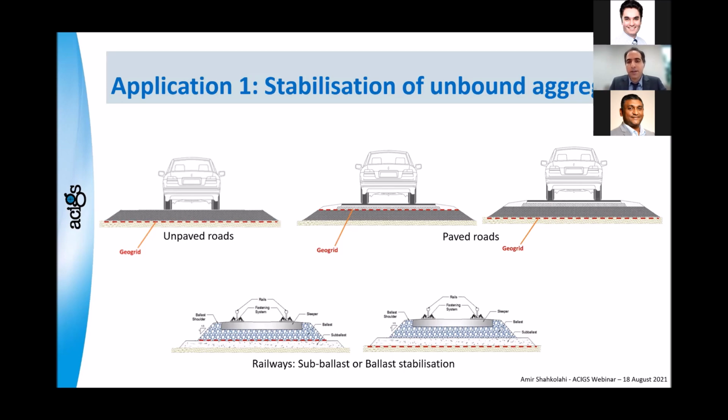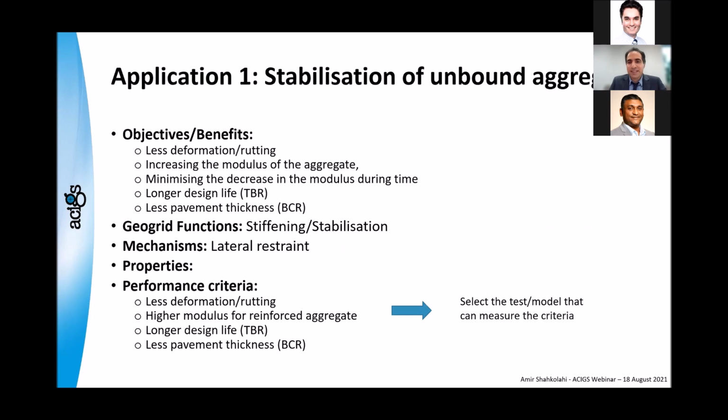The main idea here is the benefits that we want to get: less deformation and rutting, increase the modulus of the aggregate, minimizing the decrease in the modulus, so we keep the modulus constant during the time, we don't lose the modulus. Traffic benefit ratio, base cost reduction, these are some of the objectives or benefits that we can get. The function, which is determining, and the main function is the stabilization or stiffening.